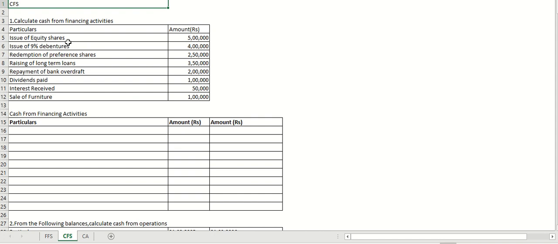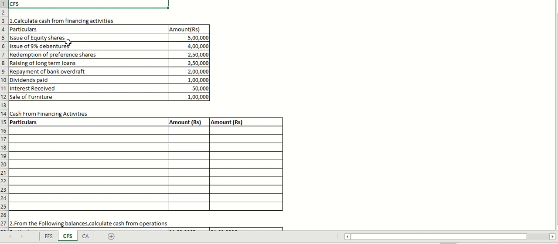When you repay the amount, that also comes under the financing activities. In short, financing activities are activities that result in changes in the size and composition of the owner's capital and borrowings of the enterprise.